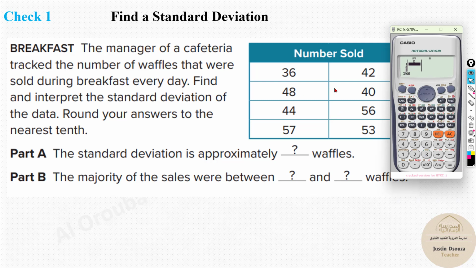Let me type them: 36, then press equal to, 42 equal to, and you put in all the values: 48, 40, 44, 56, then 57, and lastly 53. There are 8 values. After the last value, press equal to.